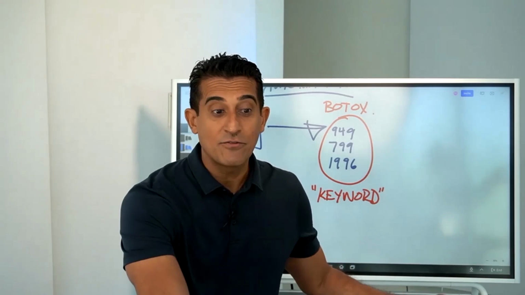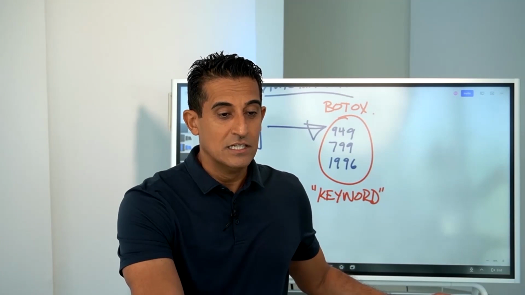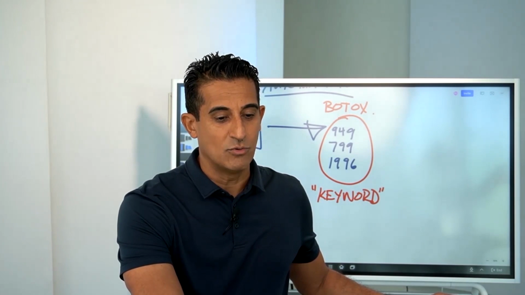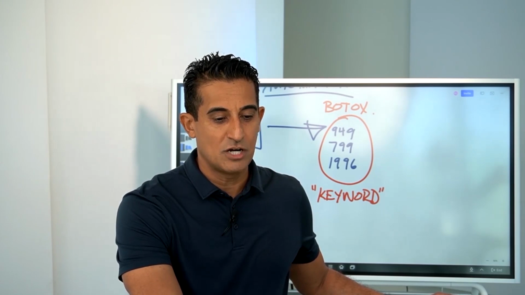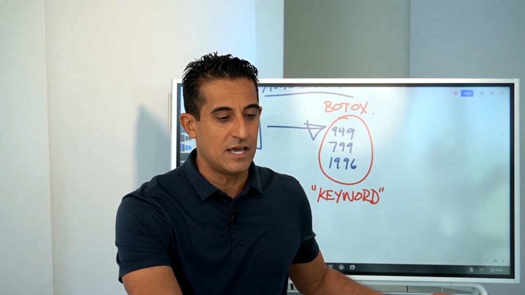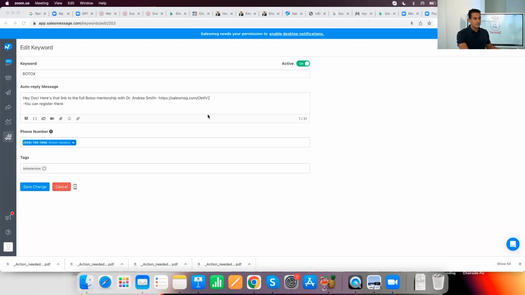The text back from our automation literally says, and you guys know what it says, but just to share my screen to give you the behind the scenes, it literally says this right here, because I've set up a simple automation. You guys see it: Hey, doc, here's that link to the full Botox mentorship with Dr. Andrea Smith. And it gives them the link to the mentorship.